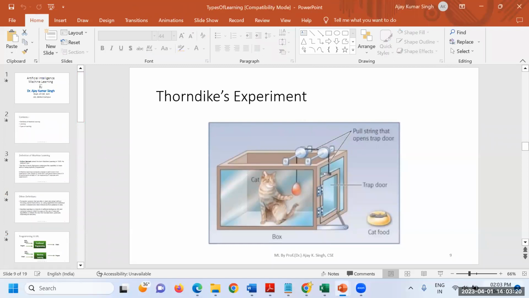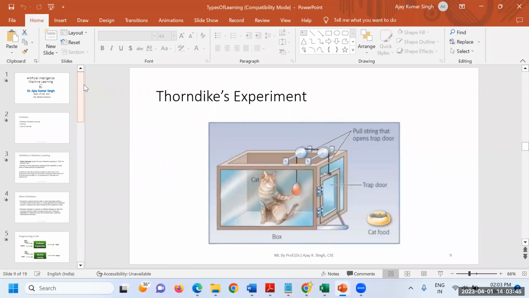Okay, so let's start from the very basics, that is all about the learning process. And then we will be taking some hands-on experience, that is a practical example of supervised learning. Almost all of you know something about supervised learning and unsupervised learning. How many of you know supervised learning?